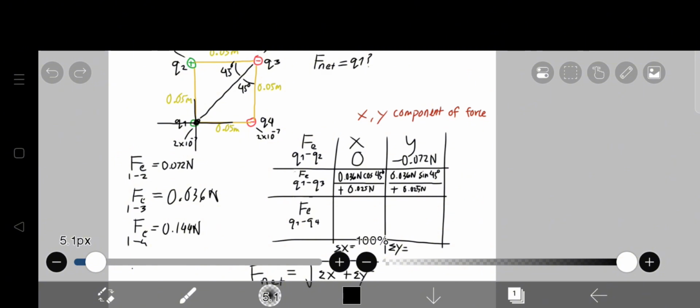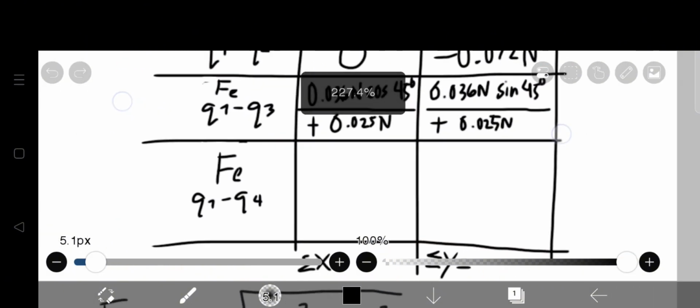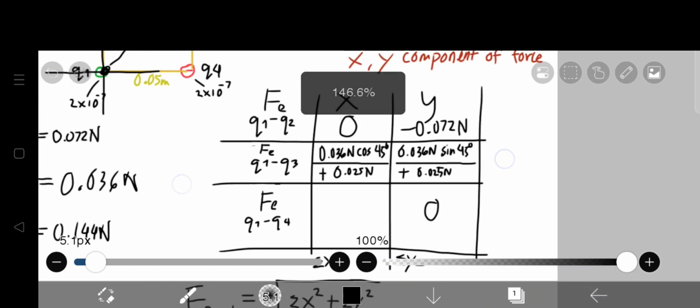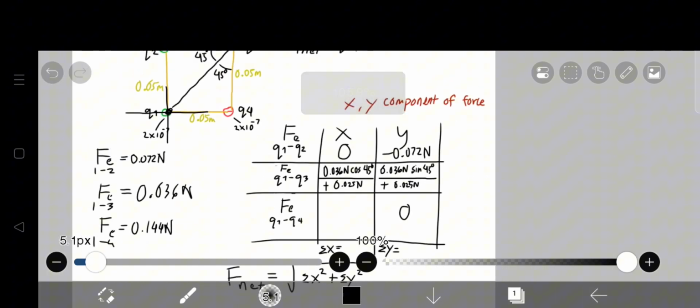Okay, now let's move on with the x and y component of force between Q1 to Q4. So since again straight line na naman siya, isa sa kanyang x and y ay 0. So since horizontal siya, yung y niya naman ngayon yung magiging 0. And then the value of x would be positive 0.144 newtons.